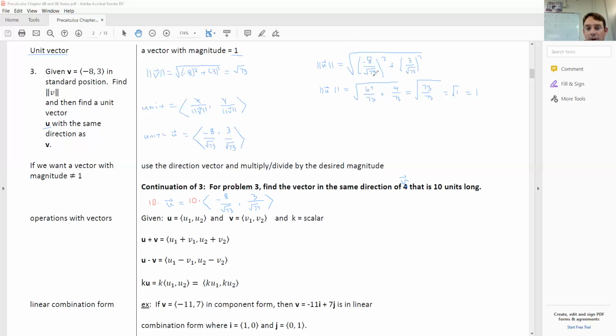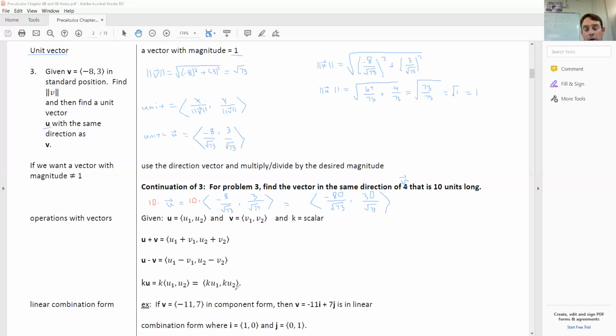And when I do that, friends, I end up getting a unit vector that is now a 10 unit vector. So negative 8 times 10 would be negative 80, and 3 times 10 would be 30. It has now gone from a unit vector to a 10 unit vector.